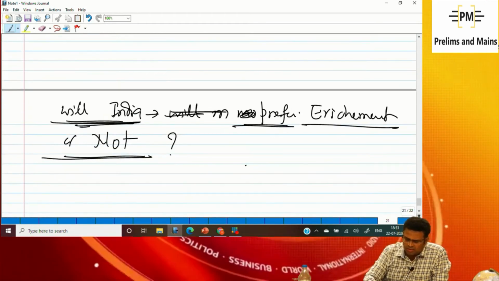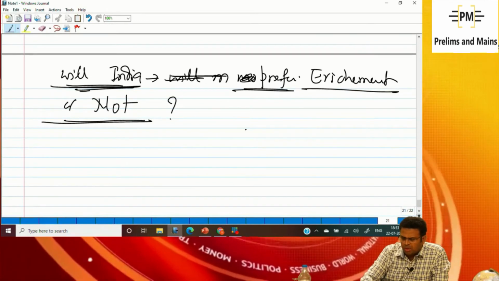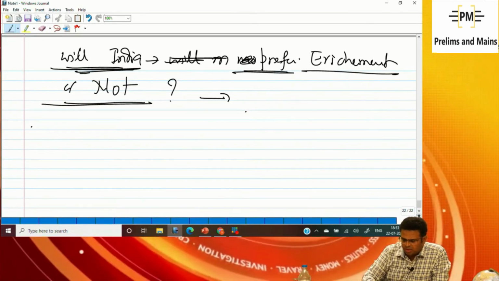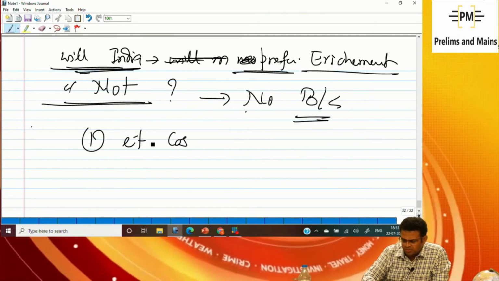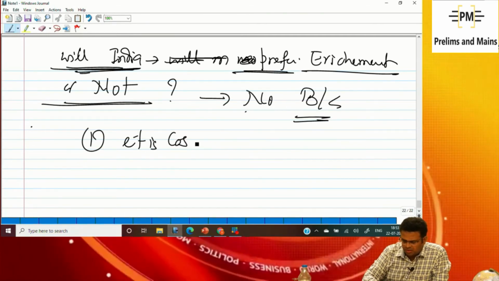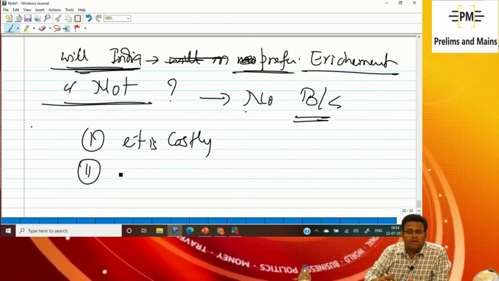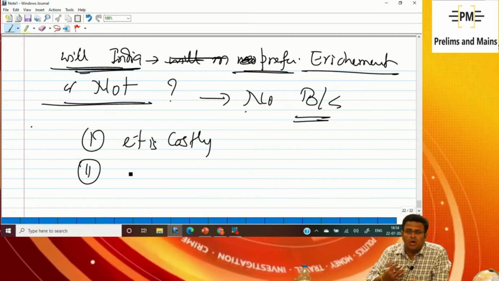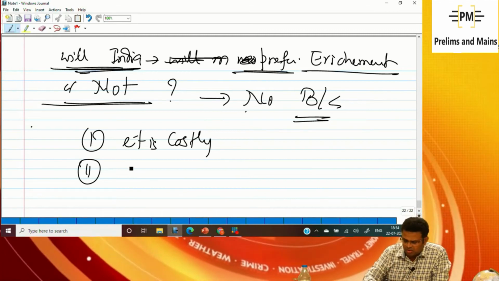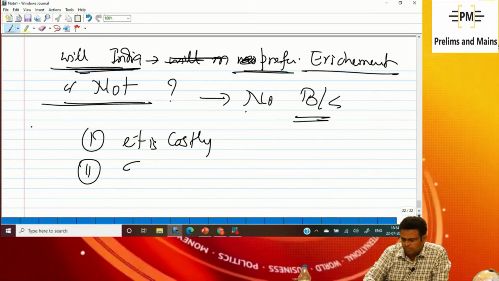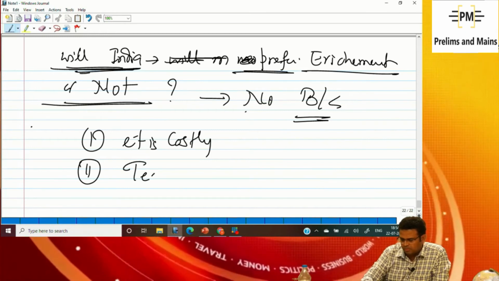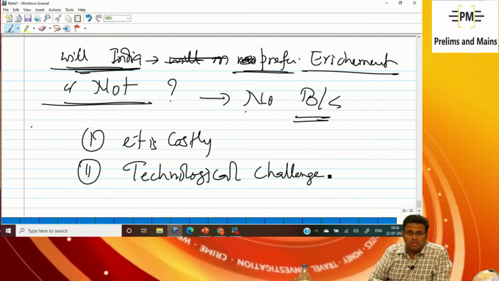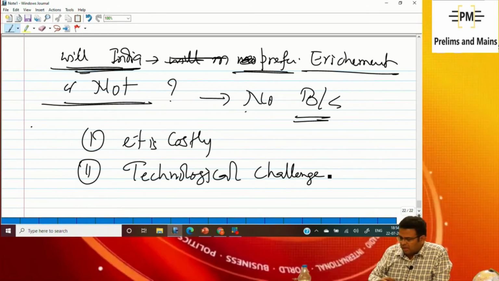The answer is no, because first it is costly, and second, we face a technological challenge. India does not have the better technology. Is it clear?